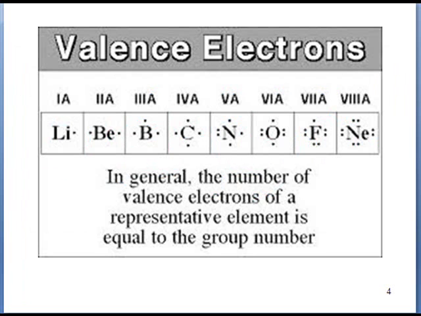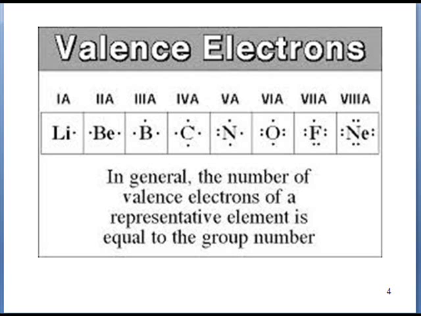Now, we can represent this in a simpler manner by simply using dots. So notice lithium has 1 dot. That's not the total number of electrons, rather it is the total number of electrons in the outermost or valence shell.